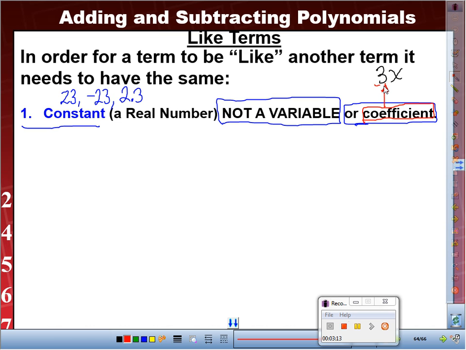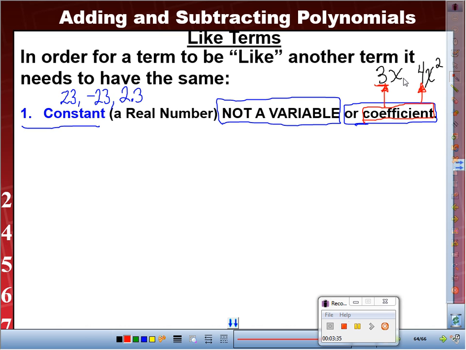Why? Because it's the number multiplying the variable. Let me show you another example. If I gave you the example of 4x squared and asked you to identify the coefficient, it's not the 2, it's the 4. The number multiplying the variable.